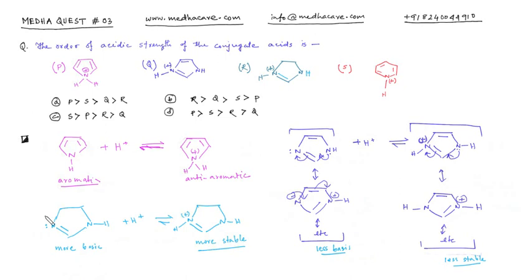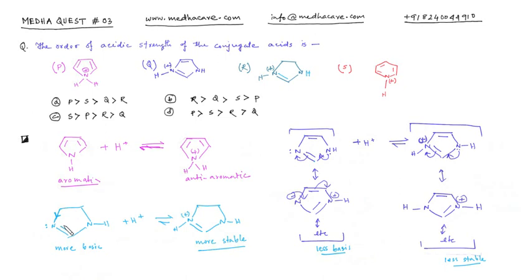The reason behind this is, here you can see that this carbon is sp3 hybridized and is pushing electrons through the plus I effect to the nitrogen atom. The electron density on the nitrogen atom increases in this case. But here you can see this is sp2 and this is also sp2 carbon. So two sp2 carbons are attached to the nitrogen atom. The sp2 carbon is electron withdrawing, that means it will decrease the electron density on the nitrogen atom. That means imidazole is less basic compared to 3,4-dihydroimidazole.